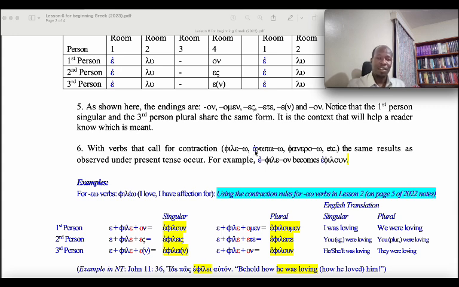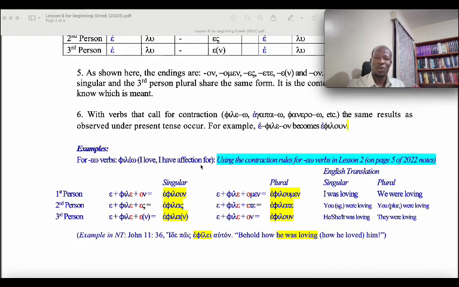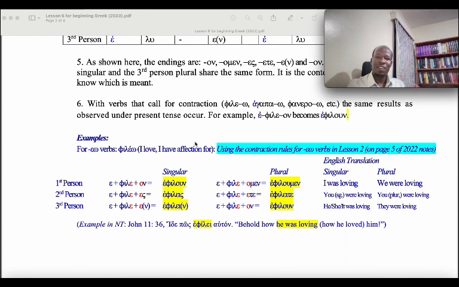And again, you remember that an augment represented by epsilon doesn't need to be added to any word that begins with a vowel. It will just need not a contraction, but lengthening. So there is a need for you to go back to your lessons and check how it works. But let's look at this one.